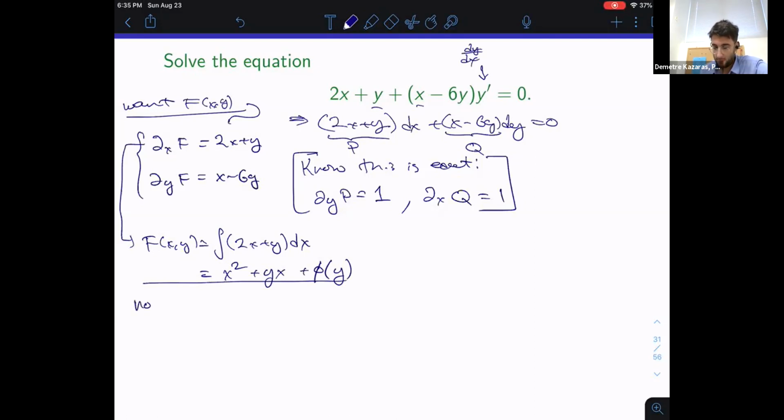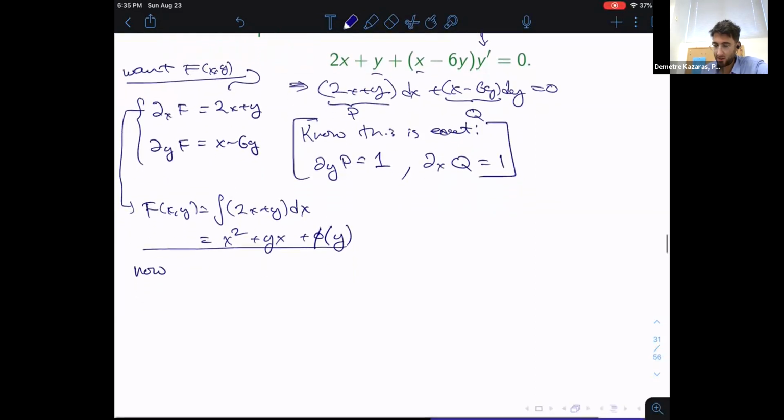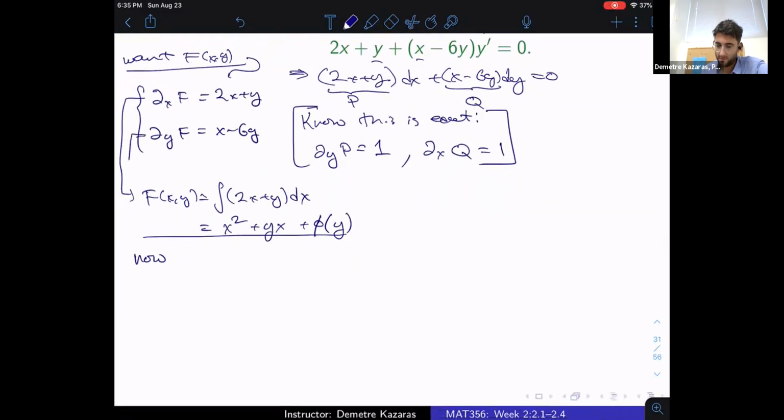Now we need to look at that other equation, which says that when I take the y derivative of this expression that we just found in green here, we should get x minus 6y. So let's take the y derivative of that green stuff.